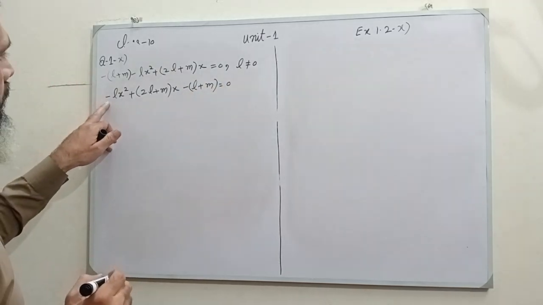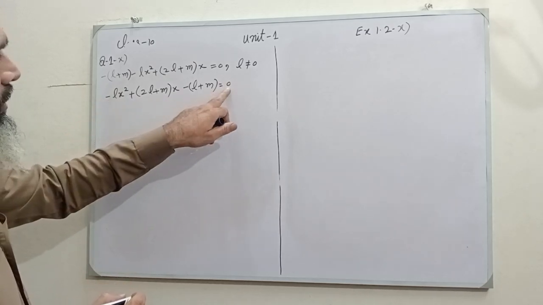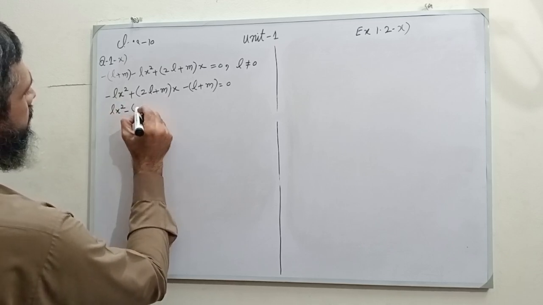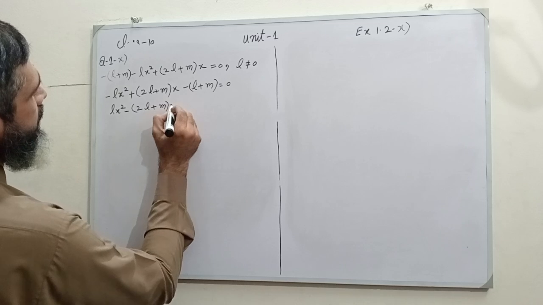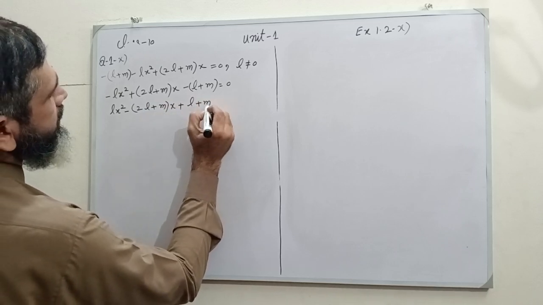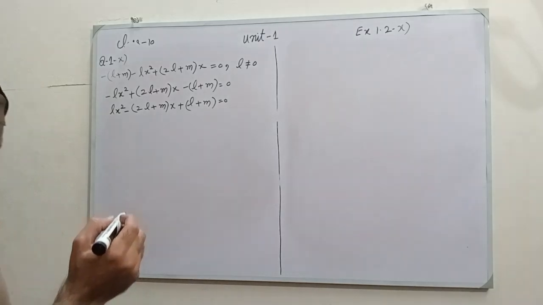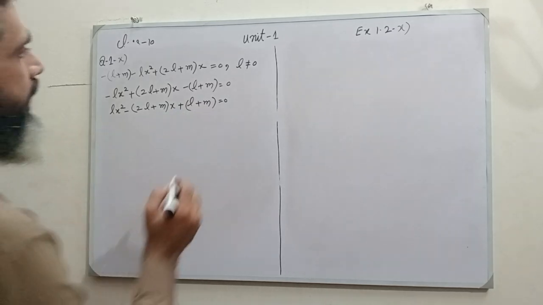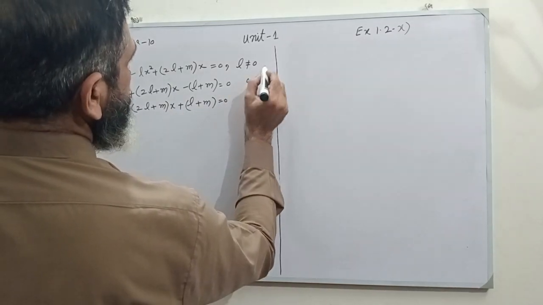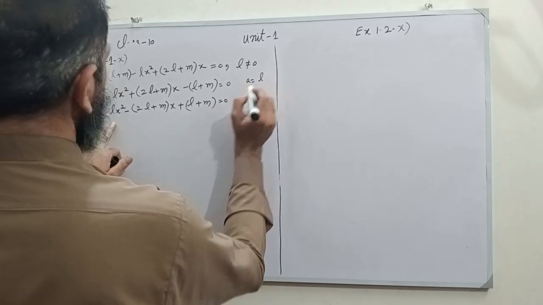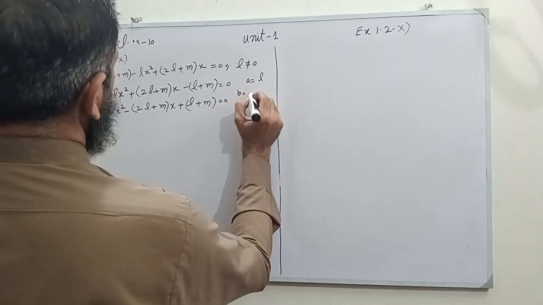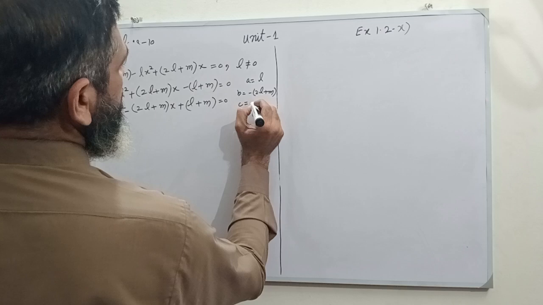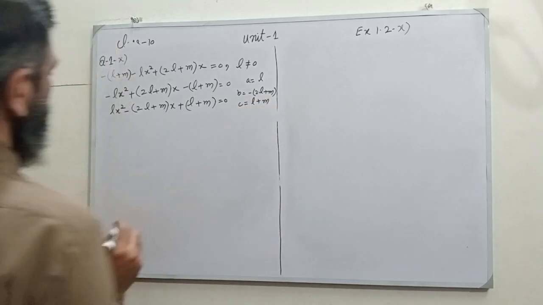It's better that we multiply minus 1 on both sides, so it becomes Lx square minus 2L plus M into x plus L plus M is equal to 0. Now in Ax square plus Bx plus C, the value of A is L, the value of B is minus 2L plus M, and the value of C is L plus M.